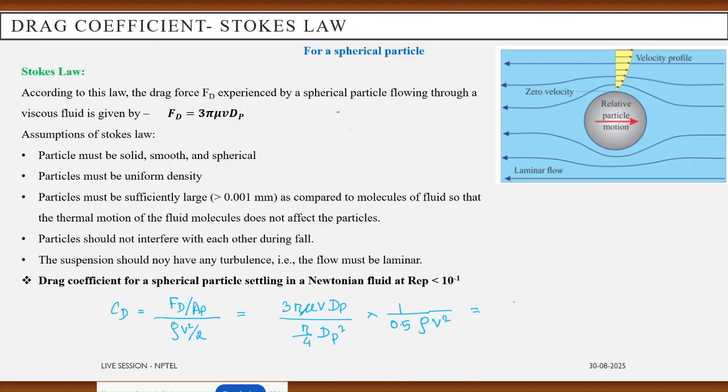From that you will get 24 mu by rho v dp, which also denotes that CD equals 24 by the Reynolds number of the particle.